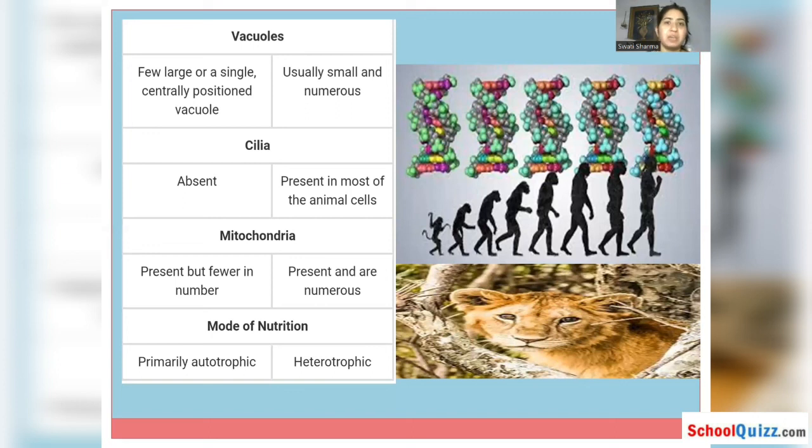For this chapter, the diagrams are very, very important, like prokaryotic cell, eukaryotic cell, plant cell, animal cell. You should keep practicing them, and I suggest you make the diagrams and label them properly, and write the function of each and every part there so that you can remember it.